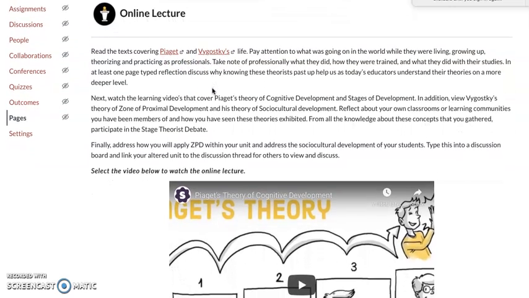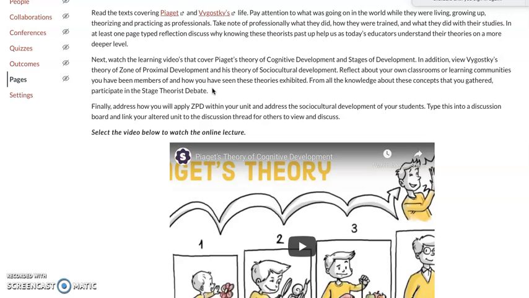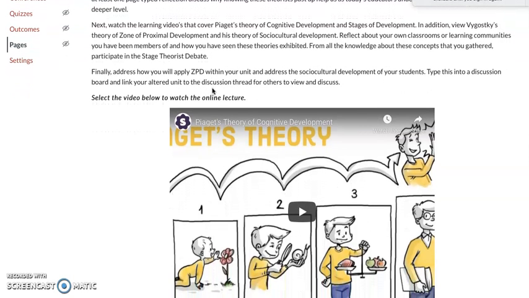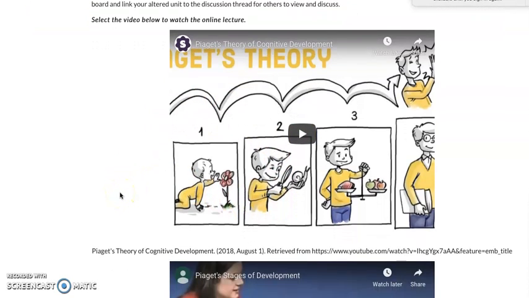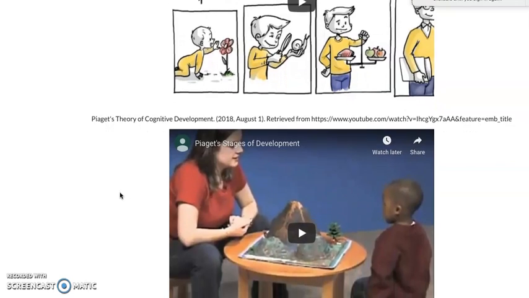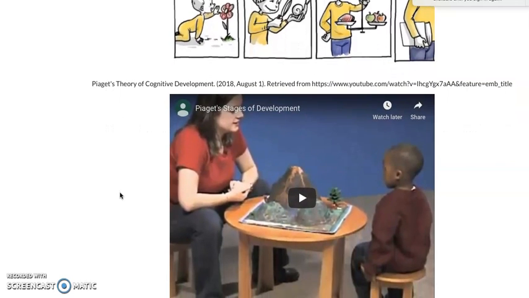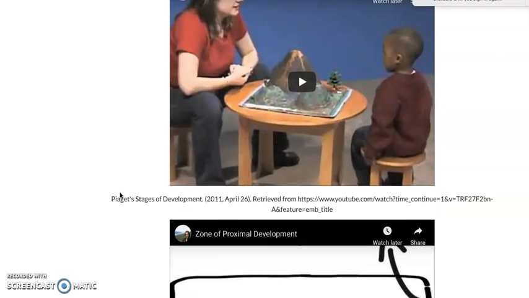Next, we're going to watch some learning videos that describe their theories a little bit more. So we can see this video is about Piaget's theory of cognitive development. And then we can see Piaget's stages of development in real life with real children, how it's really playing out.